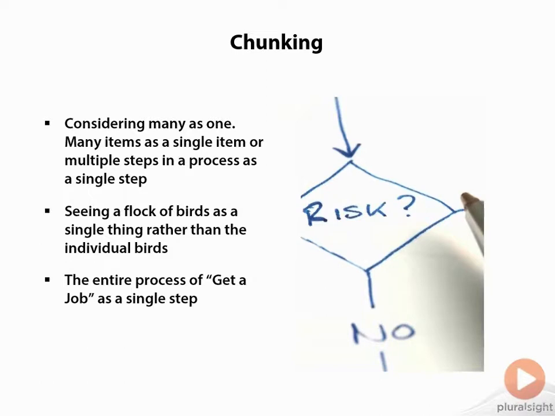It's the same kind of thing that we do if we're putting together a flowchart and we say, get a job, right? That's maybe an old Sha Na Na song, but it's a very big simplification of the things that you need to do to get a job. Maybe that's responding to ads and interviews and so on and so forth. We want to track that as one thing. That's chunking. That's putting multiple things into one bucket.